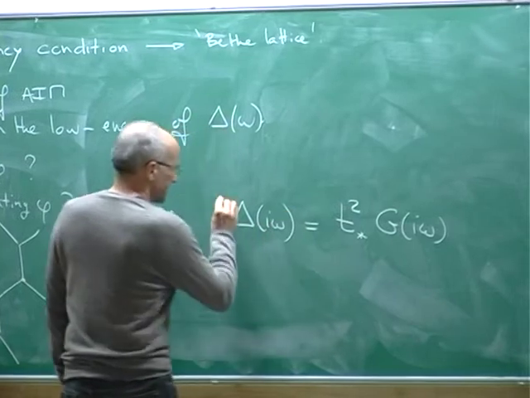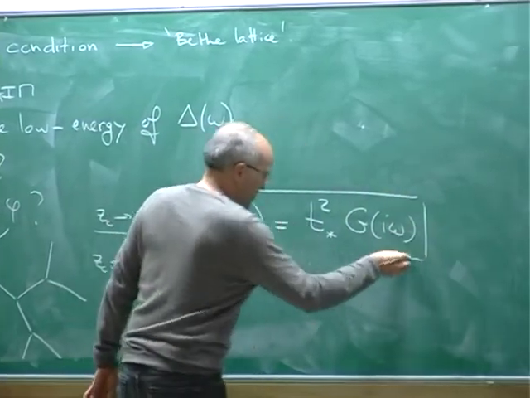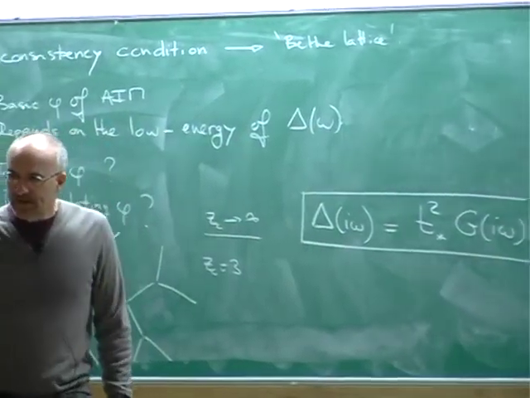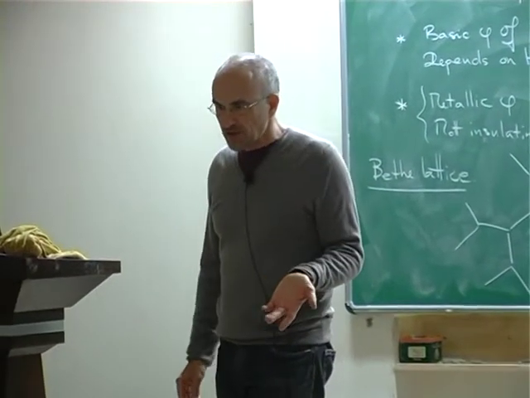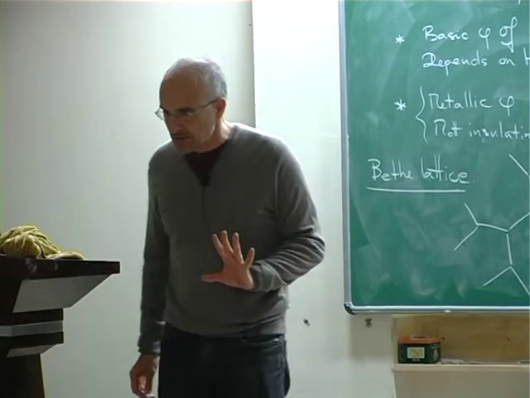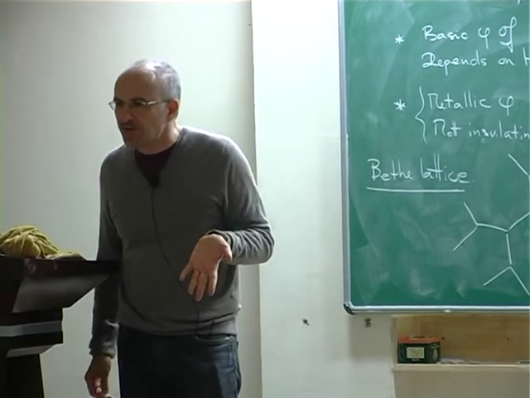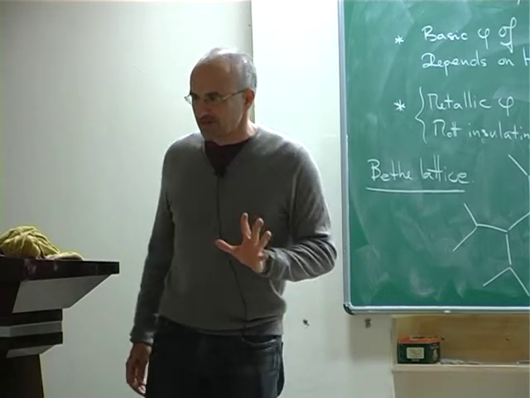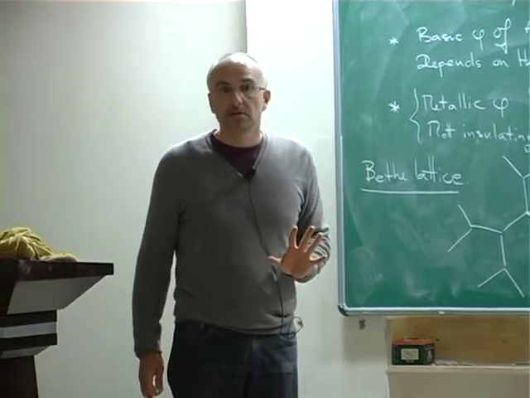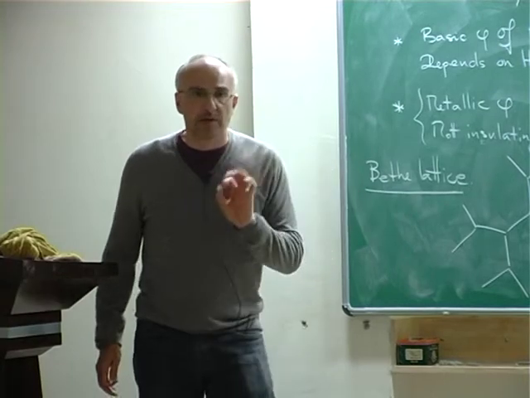You can't think of a simpler form of this self-consistency condition because it basically just tells you that the hybridization function should be just proportional to the local Green's function. So for all practical purposes, essentially the same object.